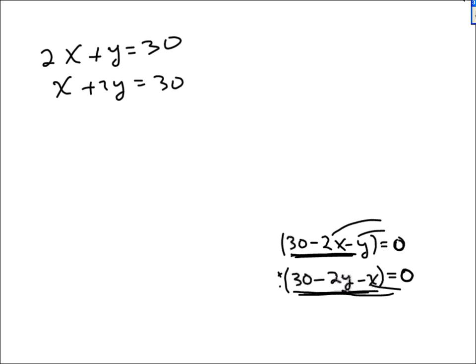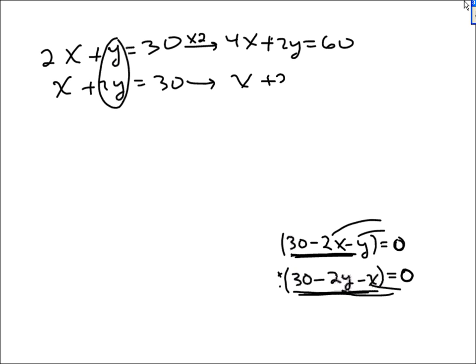And I will double the first equation. I'll multiply by 2, and I get 4x, so that the numbers in front of the y's will both be 2. 4x plus 2y is 60. And x plus 2y is still 30.